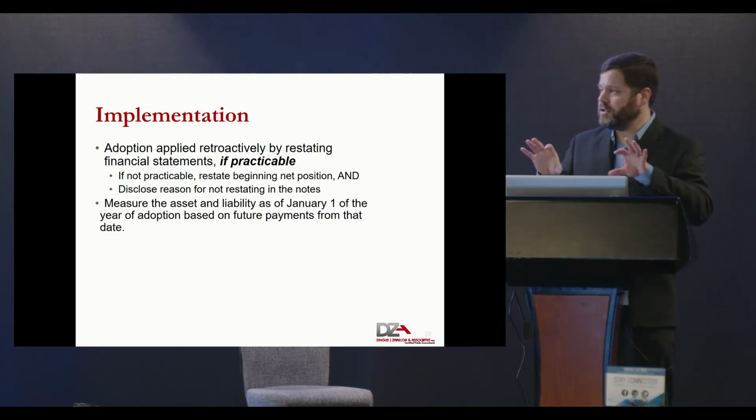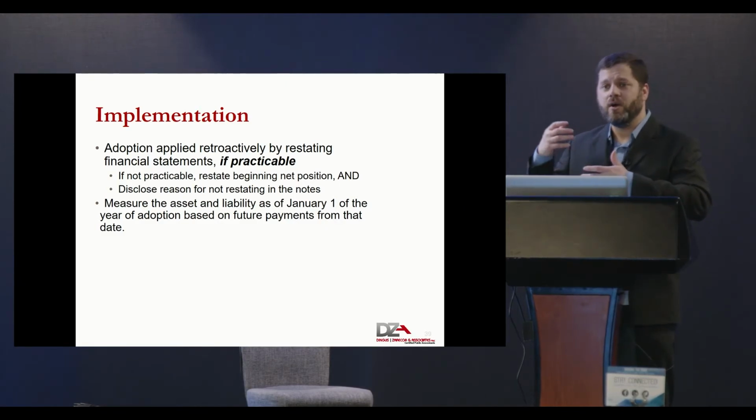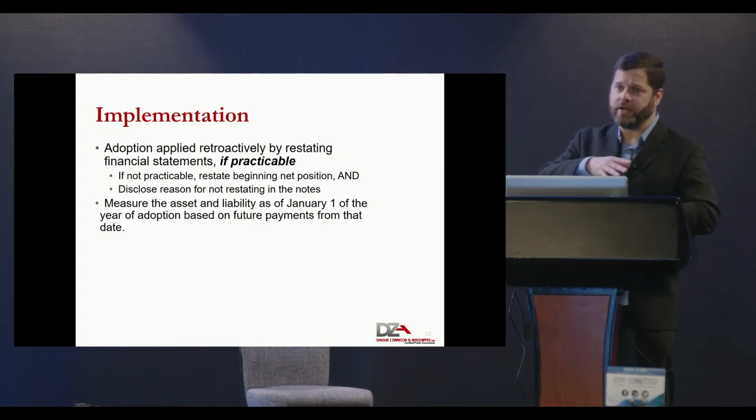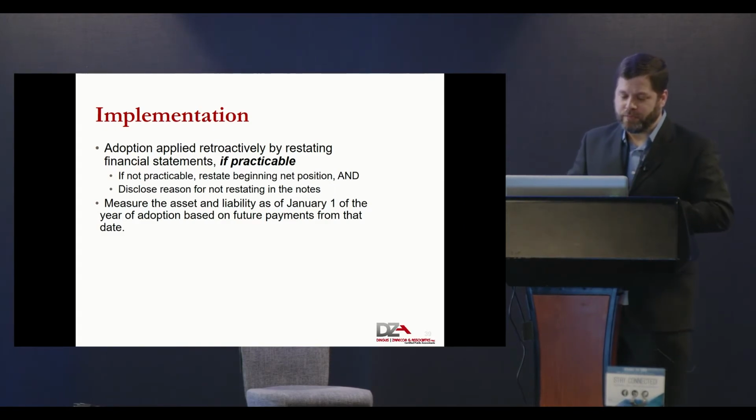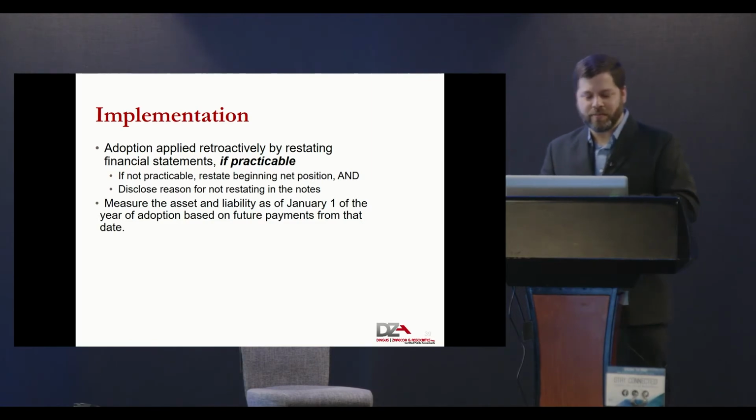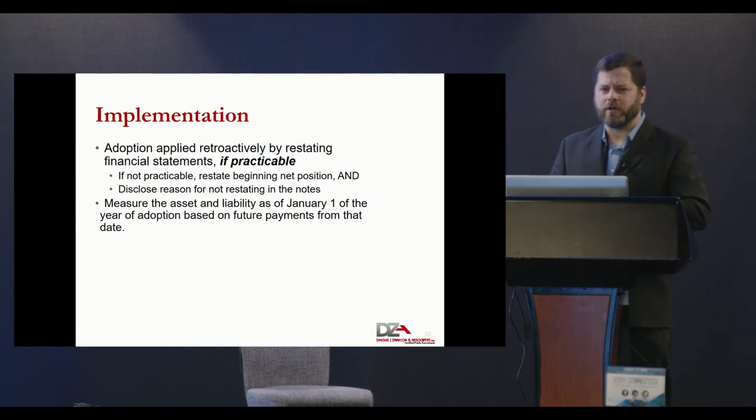Put a note in your notes to the financial statements stating why you're not applying this new standard to the prior year. So you might get different recommendations from other accounting firms, but that's kind of our stance. We don't believe in most cases that it is practicable or reasonable to do that extra work and restate for the prior year. So our recommendation is doing the implementation just in the first year that it's effective.